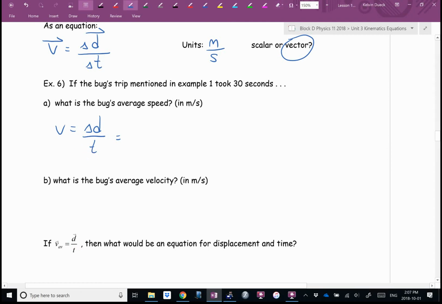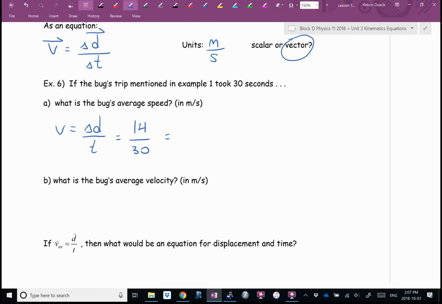What was the distance? What did I say? Was it 14? Divided by 30? Technically, I should only go to 1 sig fig because 30 is a 0. Let's go to 3 sig figs just so we have some interesting answers. 14 divided by 30. I might be able to do that in my head. It's going to be 7 over 15. Eee. It's a yucky decimal to do math with.